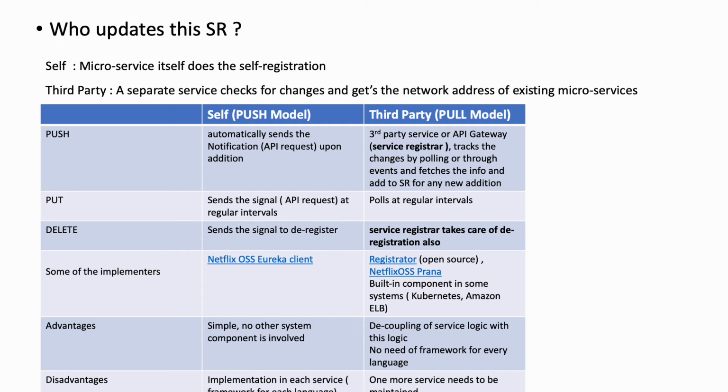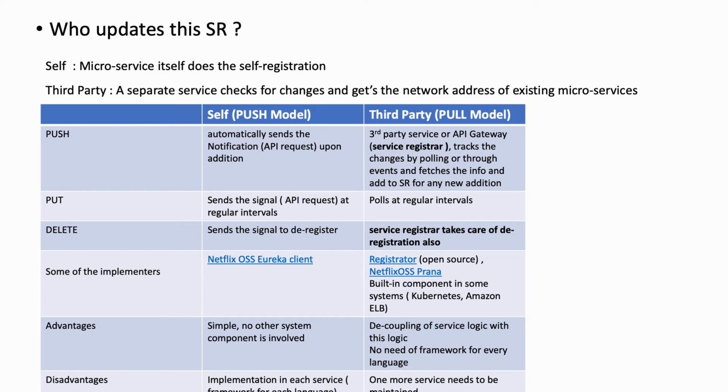Now, first, as we discussed, there should be a POST method exposed by the service registry. In self-registration mode, this POST method is used by the microservice as soon as the microservice is created. It sends a POST signal to the service registry.